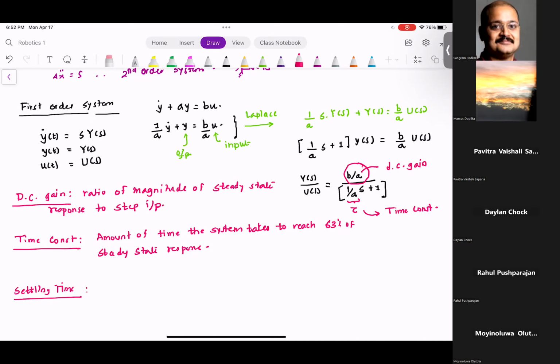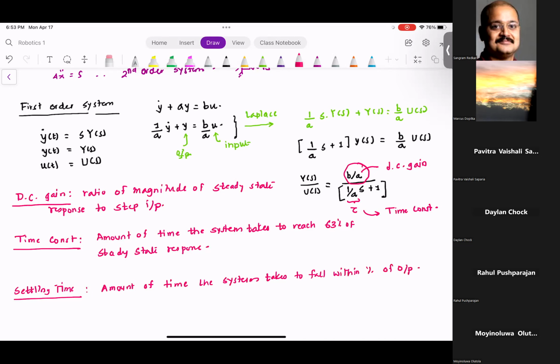Settling time is the amount of time the system takes to fall within a certain percentage of output.